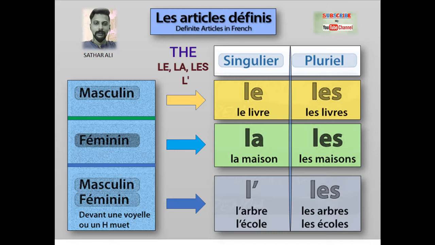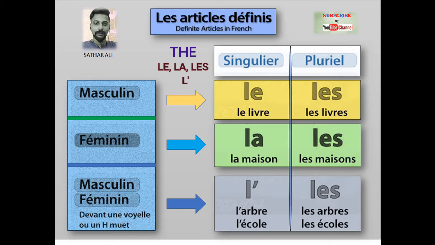E is taken out and you put an apostrophe here and it becomes l'arbre, the tree. And l'école. École is feminine form. Here again a vowel is there and here la école. We cannot say la école. A is removed and it gets contracted.